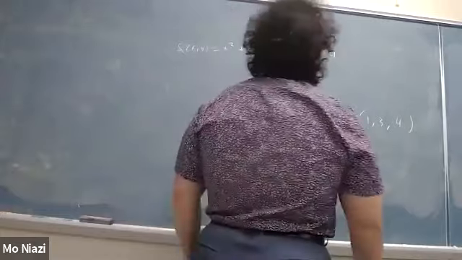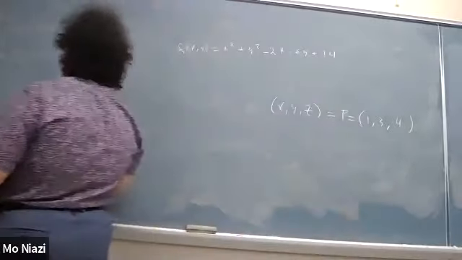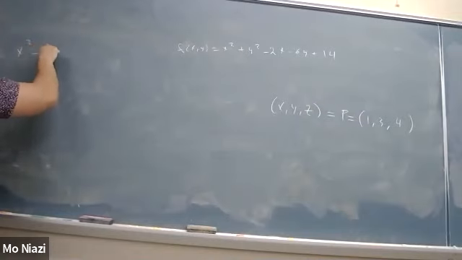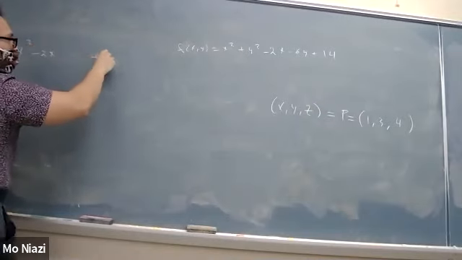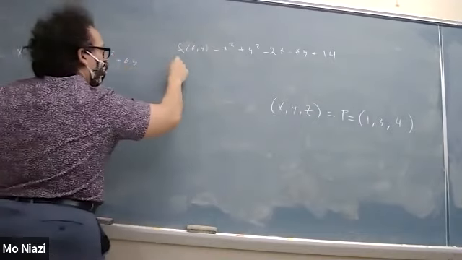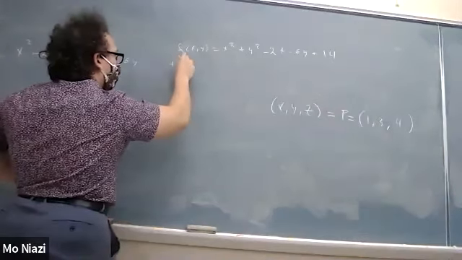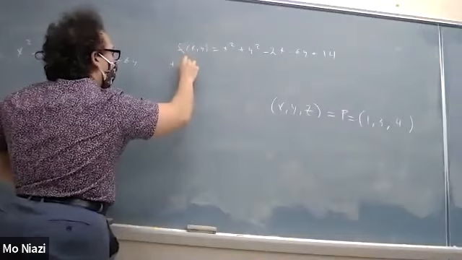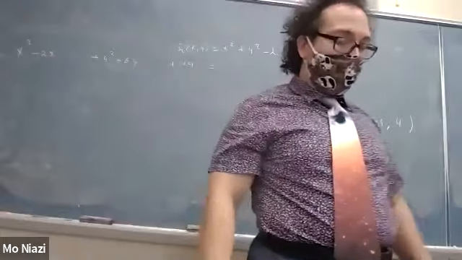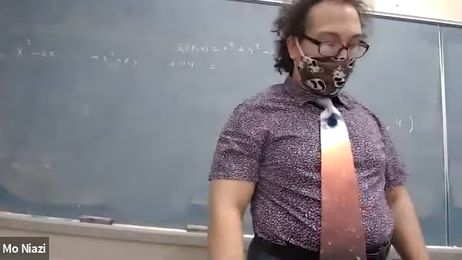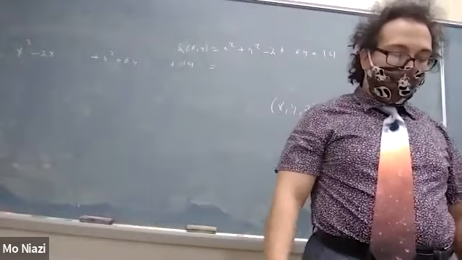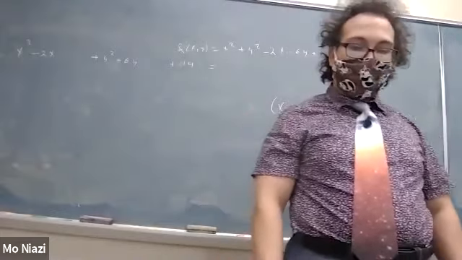So notice that if I recombine these, I can get x squared minus 2x plus y squared minus 6y plus a 14. And I've suggestively placed some distance between some of those terms there.